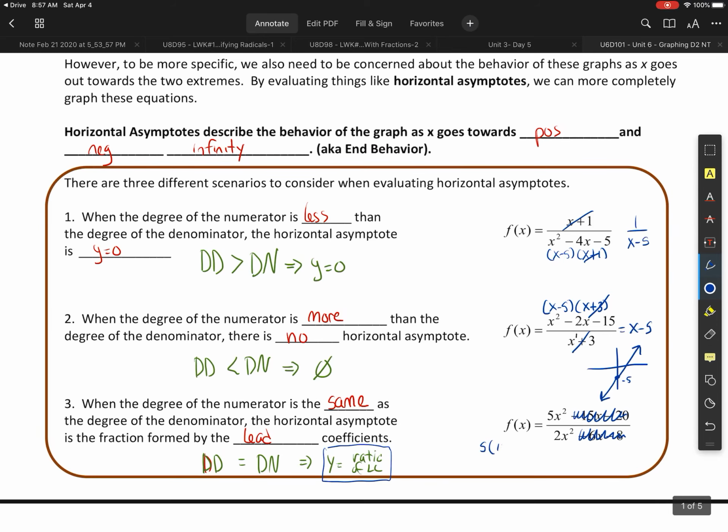If you had 5 times 100 squared over 2 times 100 squared, that's roughly going to be 5 over 2. All right, think about it. If you have 500 over 200, if you have 5,000 over 2,000, right? In all these situations, they're going to simplify to be roughly 5 over 2, no matter what we plug in for x. All right, so there's our 3 rules that we have.